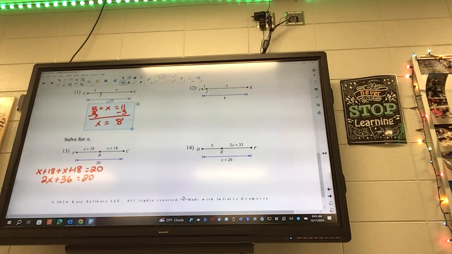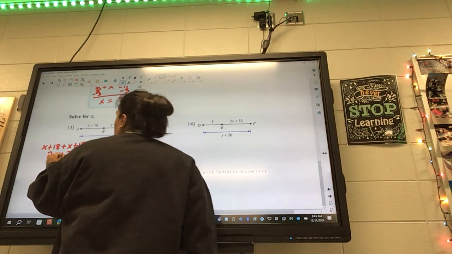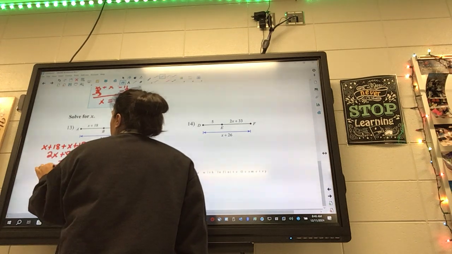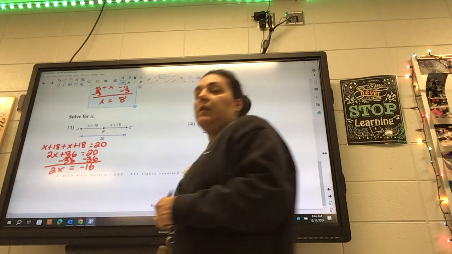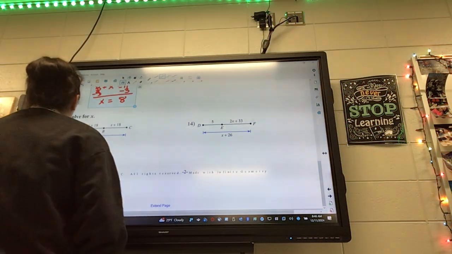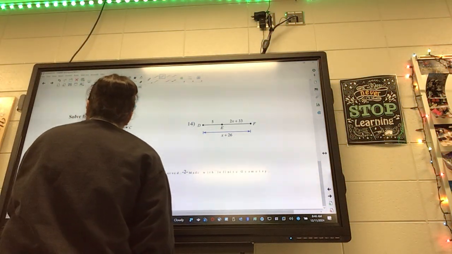Then what? Subtract the 36. Minus 36 from both sides. So I'm going to get 2x equals negative 16. And then what? Divide by 2. So we get x equals negative 8.